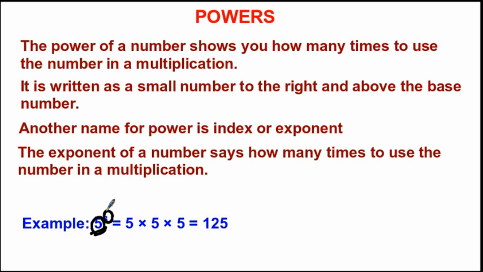The base is 5 and the exponent is 3, and as you can read there, 3 is the number of times that you have to multiply the base. How many times do you have to multiply? 3 times. 3 times you have to multiply 5 because the exponent is 3 and the base is 5.